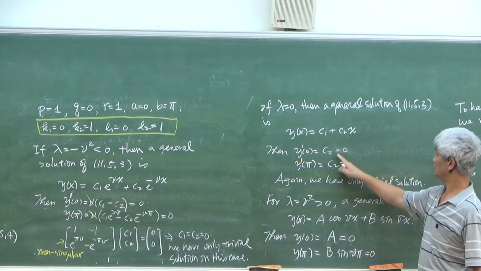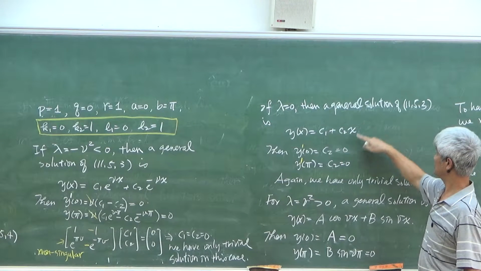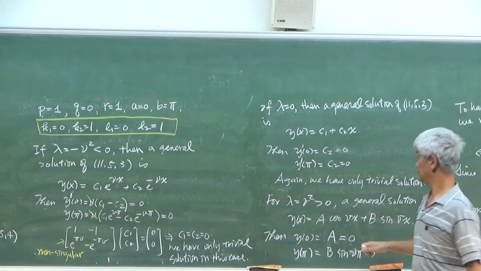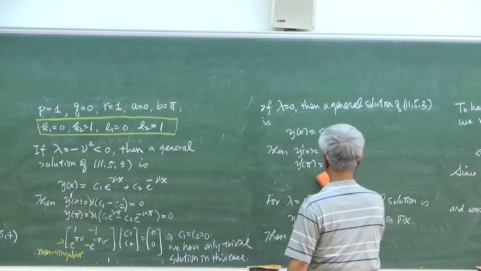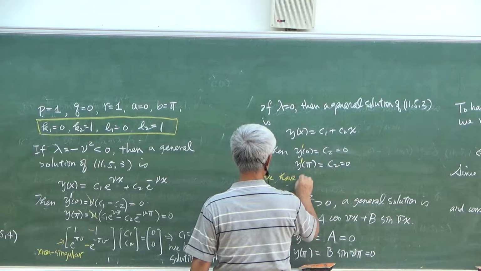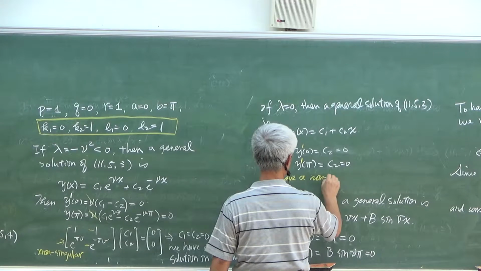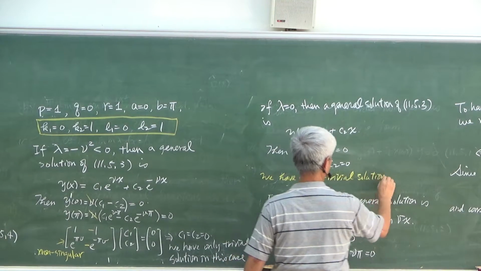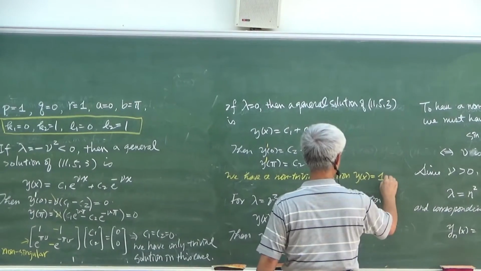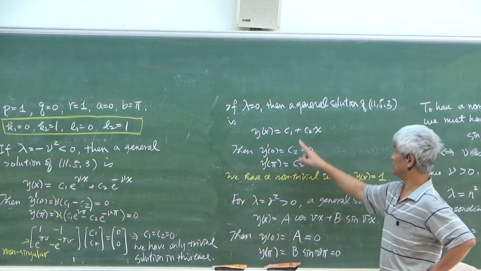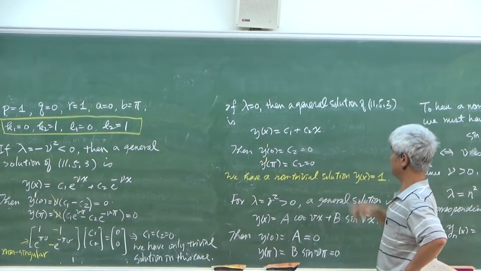So we require C2 equal to 0, and C1 can be non-zero. So we have a non-trivial solution, y of x equal to 1, because C1 is not equal to 0.